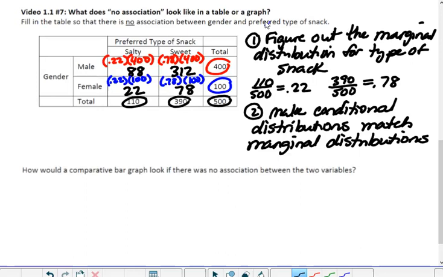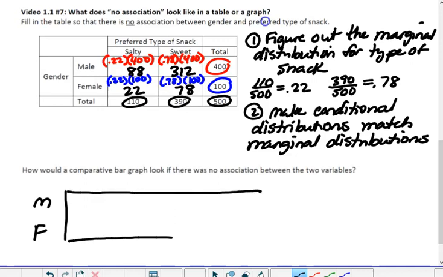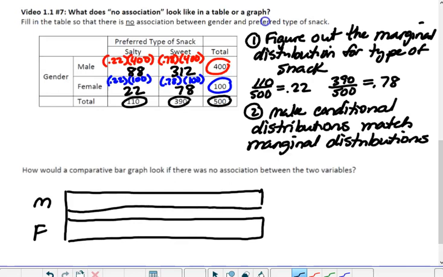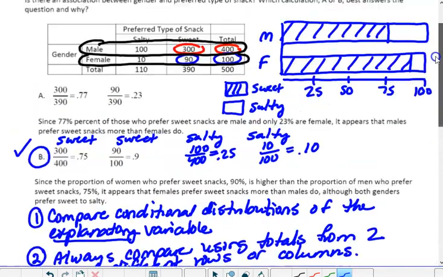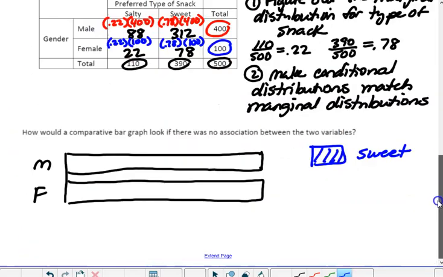So if I did the male and female in the previous video for salty and sweet, I'll use the same legend I did before, where I used this for sweet. I think I used that for sweet, didn't I? Yeah, because I did sweet first. Okay, so that was sweet and this was salty. It's not in the same order as the table, but I'm going to make it match what I have up here.